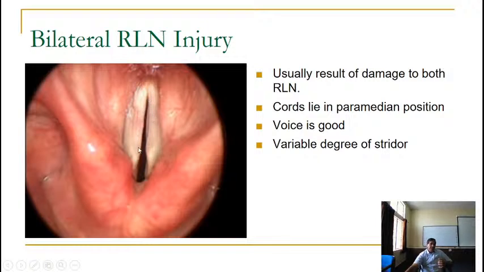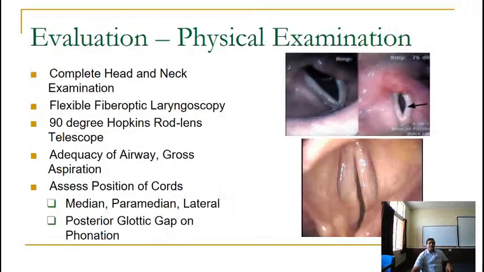The passage is narrow, and because the abductors, the muscles which open up the larynx, do not function, as the air passes through this narrow passage it produces a sound called stridor. So the problem with bilateral recurrent laryngeal nerve involvement is the breathing problem, the stridor. That needs to be attended to.